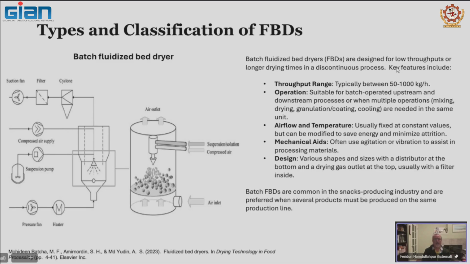Do you want a batch dryer, which means you will load it, run it, drain it, load it, run it, drain it, or do you need a continuous one? A batch dryer is usually smaller, with a range between 50 kilograms per hour to 1,000 kilograms, 1 ton per hour.